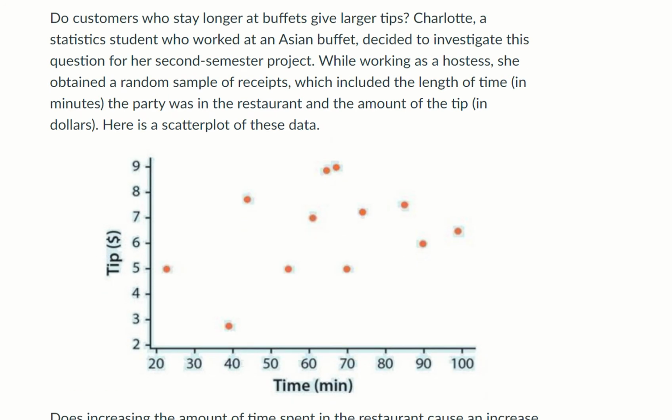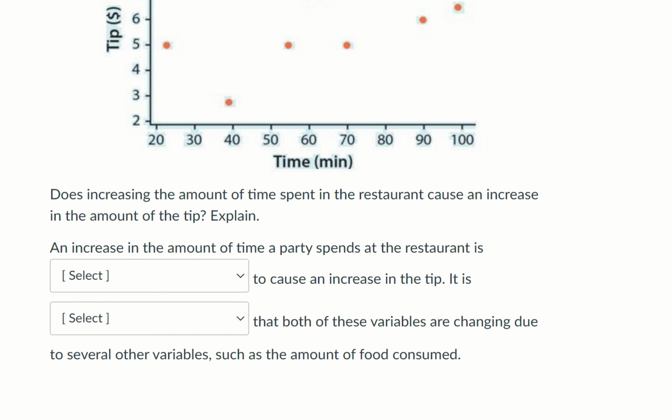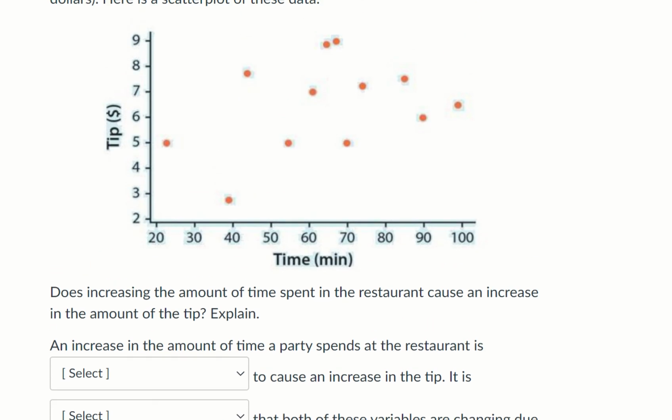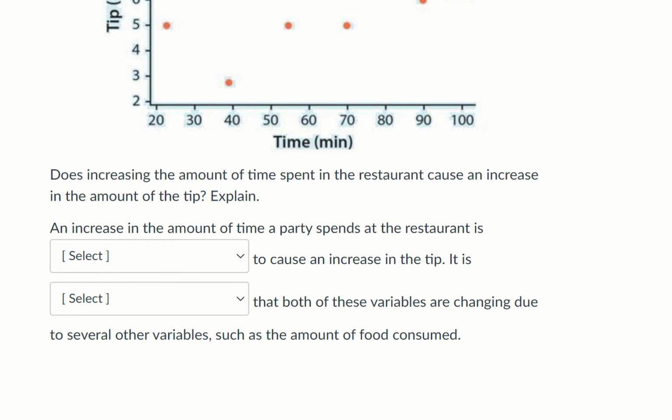Okay, so looking at the same question, it says, does increasing the amount of time spent in the restaurant cause an increase in the amount of tip? Well, we know that as the time increases, the tip increases, but does that mean that it causes it? If you were to cause somebody to spend more time in the restaurant, is that going to instantly cause them to increase their tip? Or may not, right? In fact, we can't say that there's a causal relationship because there are multiple variables at play.